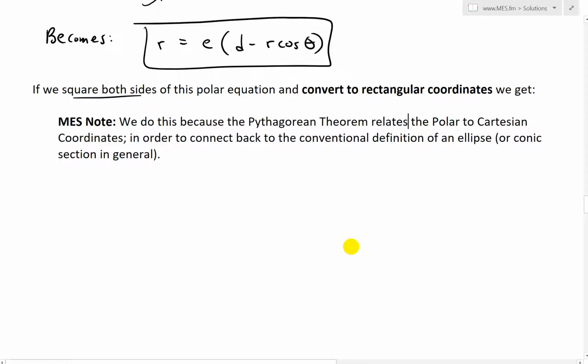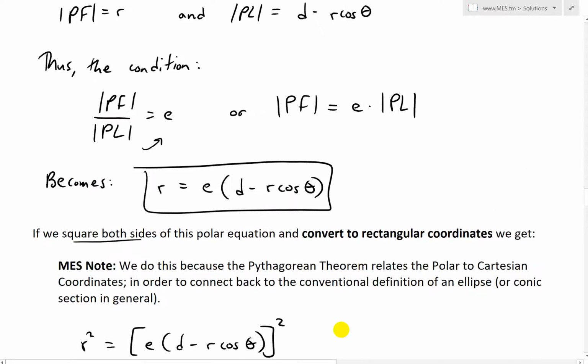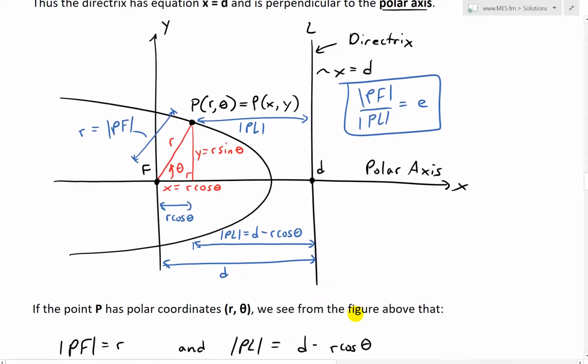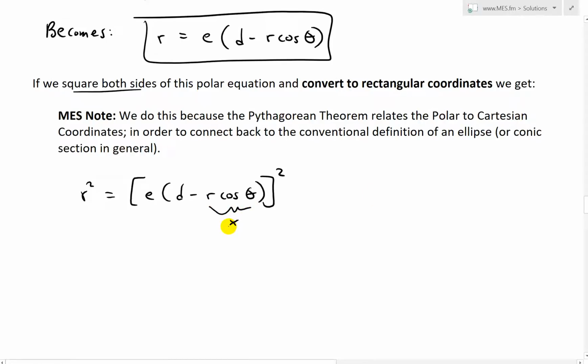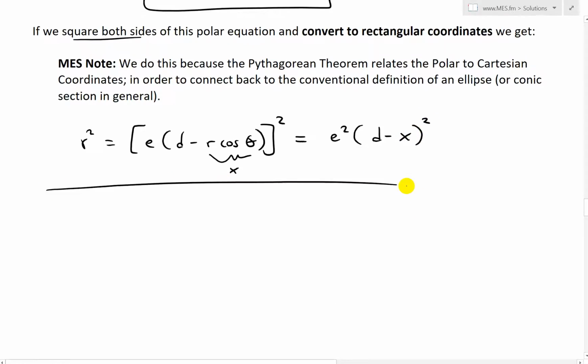So if we square this right there, we'll have r squared equals E, I'll square this whole thing, E times D minus r cosine theta, and then squared. So we square this and we want to convert into Cartesian. So remember, r cosine theta is just x, so this is just x like that. And then when we square, the right side is going to be E squared times D minus x, all squared like that. And then also now recall the Pythagorean theorem.